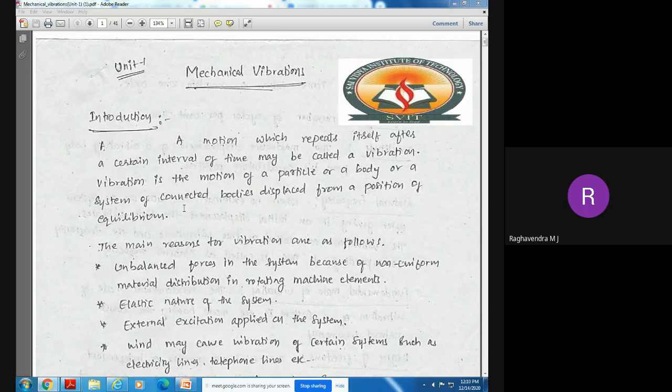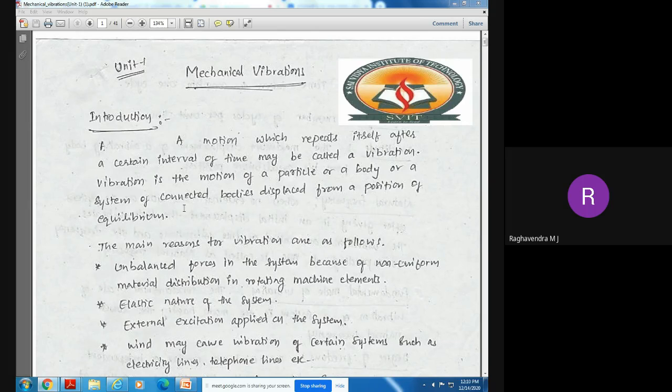Next, the elastic nature of the system. If the system is too elastic in nature, then that also leads to vibration. Then, external excitation applied on the system. If you apply some external agency, a force on any structure, a part or a machine, what happens?